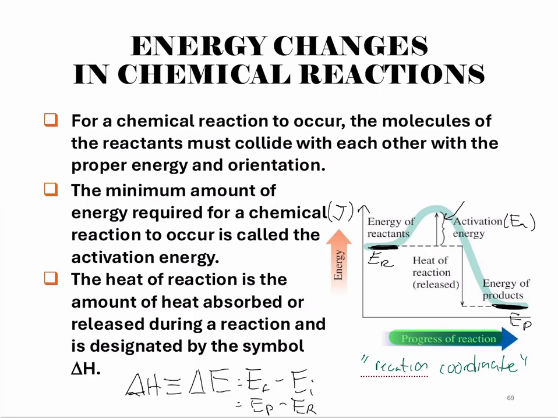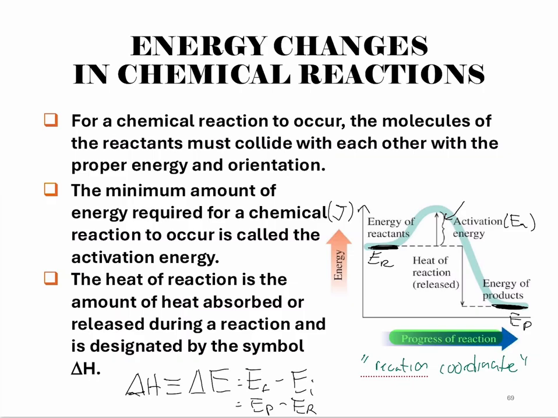And so there's two things we pay attention to here. The value of this change, right? That tells us how much energy we're talking about, and the sign of this change, right? So in this case, is the energy of the products higher or lower than the reactants? It's lower, right? Which means that we've lost energy somewhere. What that means is that we've released it to the surroundings, right?